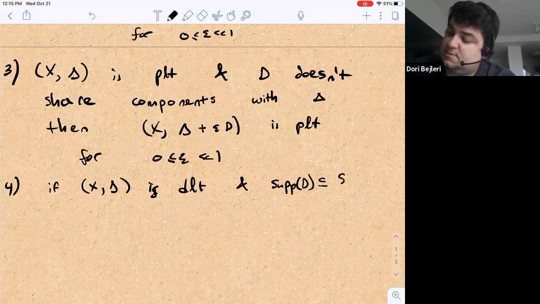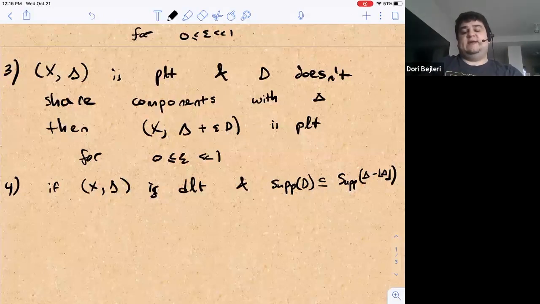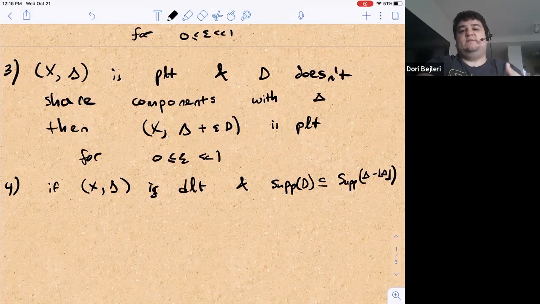So basically, if I look at only the divisors that have coefficient less than 1, then I'm allowed to perturb those and still be DLT.